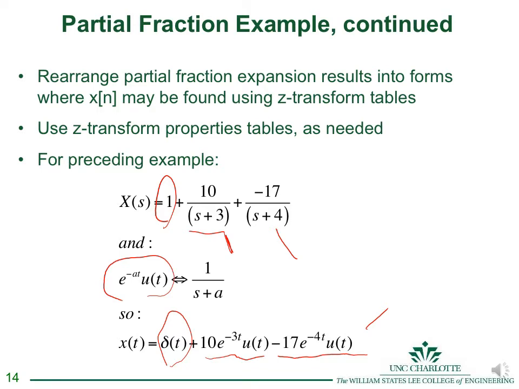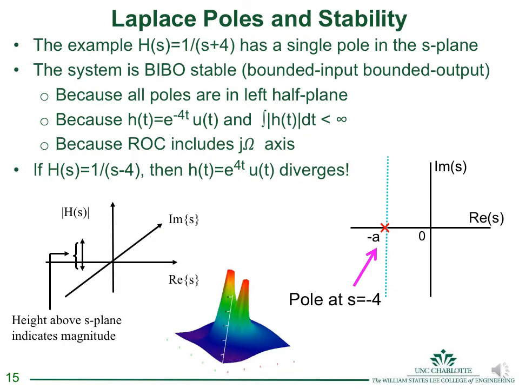As we mentioned earlier, Laplace poles are an indication of stability of a system. In the simple example we had earlier, 1 over s plus 4 has a single pole in the s-plane at s equals minus 4.